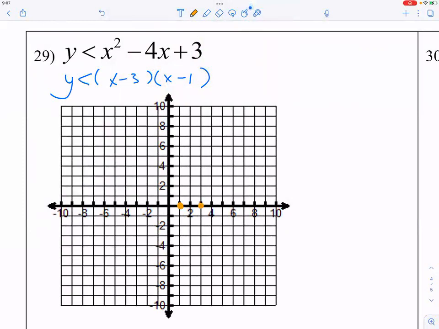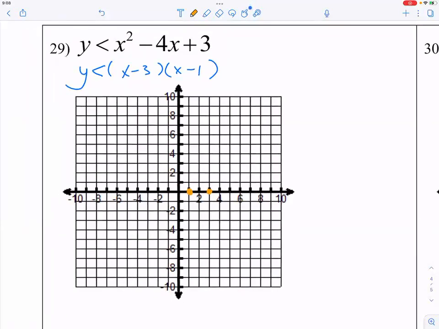And we have the x-intercept at 3 and x-intercept at 1, so (1, 0) and (3, 0). Can you tell the axis of symmetry? 2. Can you tell the vertex? Well, we have to calculate, right?